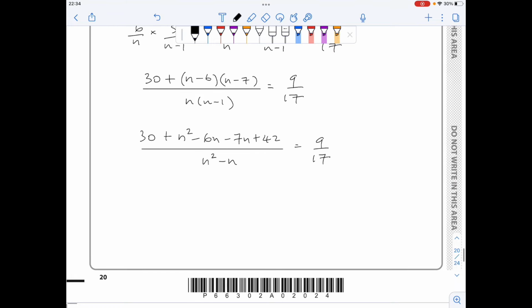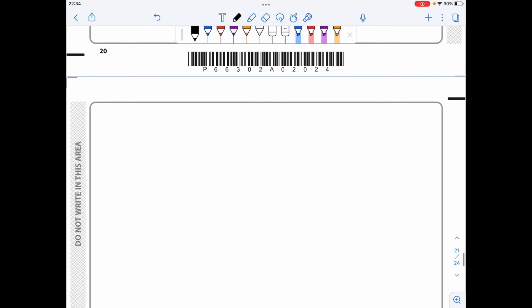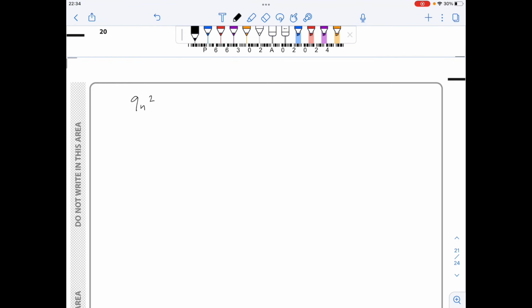I will simplify the numerator now. n squared minus 13n plus 72 over n squared minus n is 9 over 17. Now I will cross multiply, so 9n squared minus 9n equals 17n squared minus 221n plus 1224.